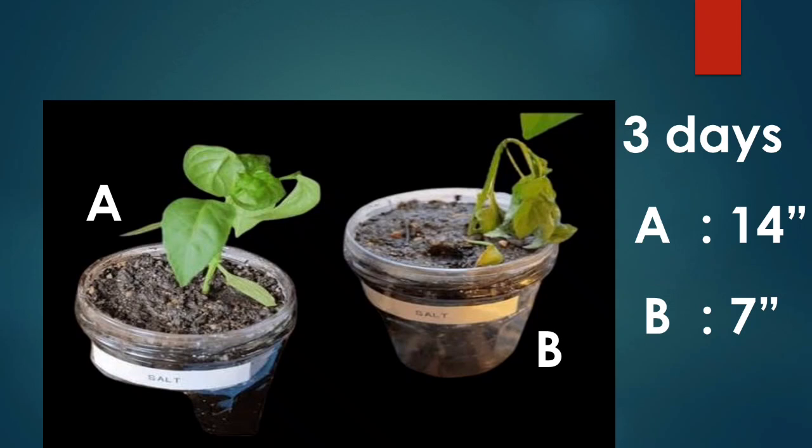So when we say control, control is your experiment that is not affected by anything. It is there to help you test the effect of whatever thing you want to measure. For instance, it could be fertilizers, it could be sunlight. You might have two plants.